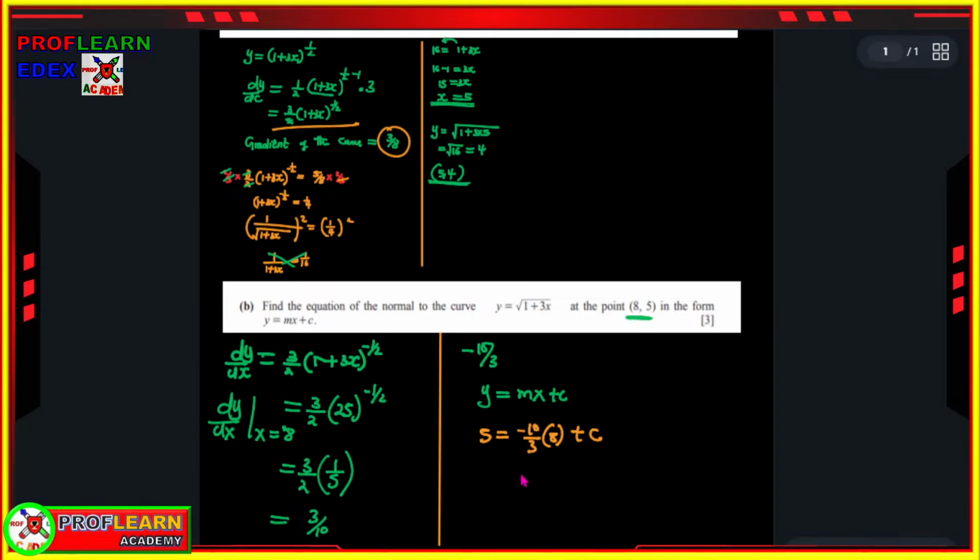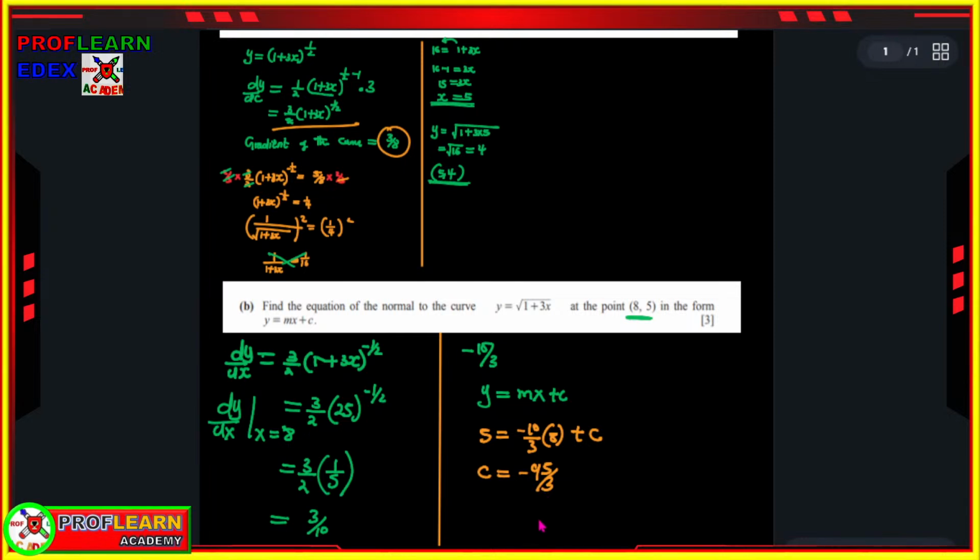If we simplify this equation, we are going to get our c, which is equivalent to positive 95 over 3.